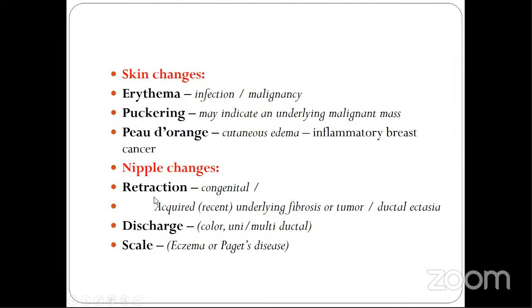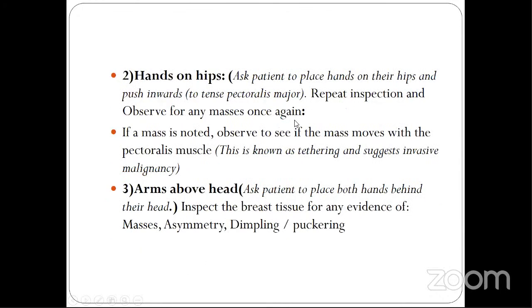Then we'll inspect the nipple for discharge, and we'll go into detail on nipple discharge and nipple retraction. Nipple retraction, as we said, may be congenital or acquired, like fibrosis, malignancy, or duct ectasia, and we'll go into detail on duct ectasia. Skin erythema may be eczema or Paget disease, a malignant disease of the breast.